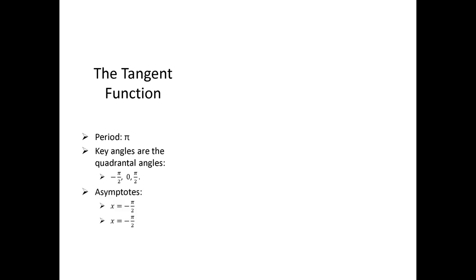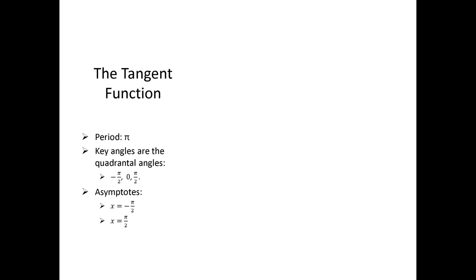First off, the period is now pi instead of 2 pi. From this period, it turns out that what we need are these three quadrantal angles: negative pi over 2, 0, and pi over 2. And then the last ingredient in graphing the tangent function are the two asymptotes.